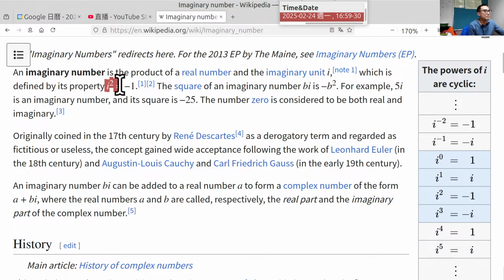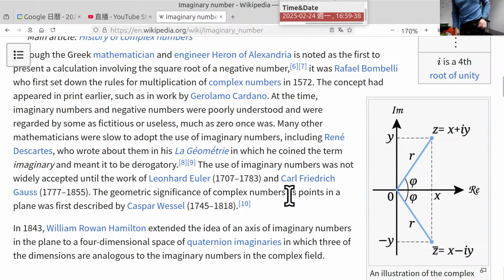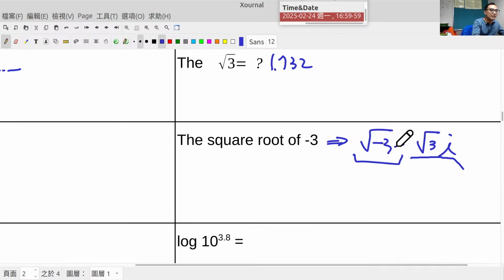The i squared is -1, and i is the square root of -1. And actually, we don't need this in our statistics. But I just want to know your best answer to this one. So again, square root of -1, you can write it as square root of -1, but I expect to see square root times i, with the square root of a positive number inside, and the square root of -1 here.